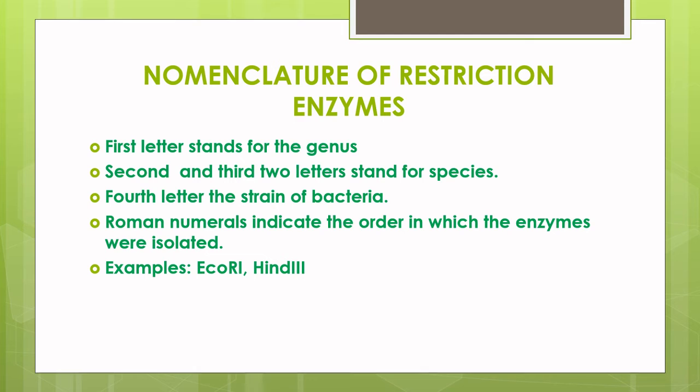In EcoRI, the letter R designates the name of the strain from which the enzyme has been isolated. Roman numbers following the names indicate the order in which the enzymes were isolated from that strain of bacteria. Restriction enzymes belong to a larger class of enzymes called the nucleases.